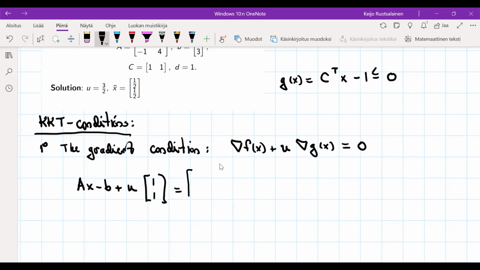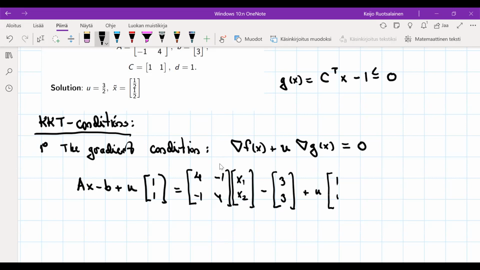So I have here the matrix 4, minus 1, minus 1, 4 times x1, x2, minus the vector b, 3, 3, plus u times the vector with coordinates 1, 1.